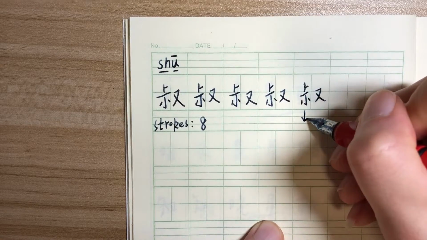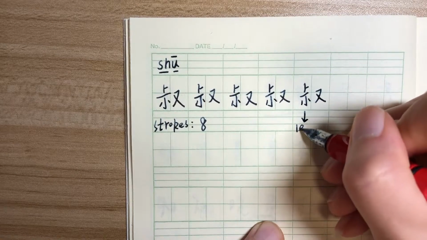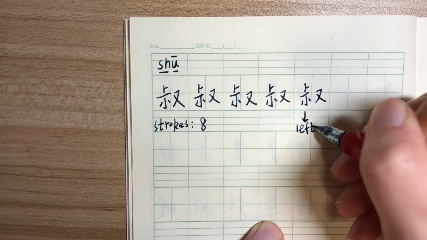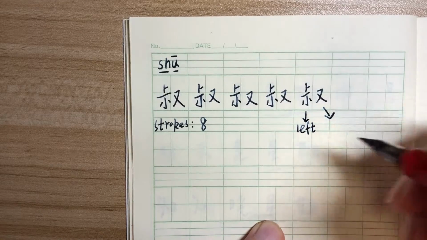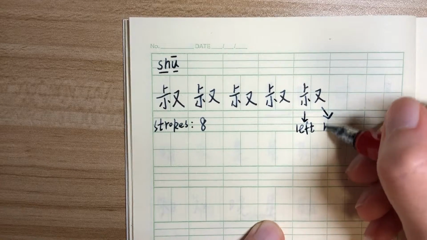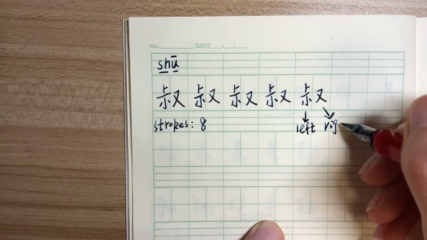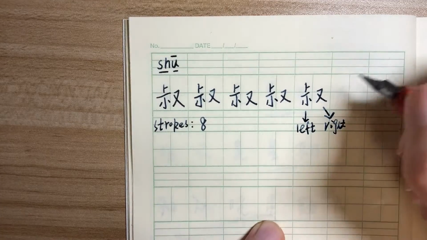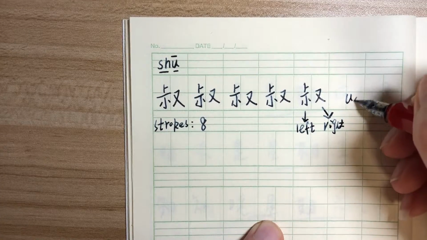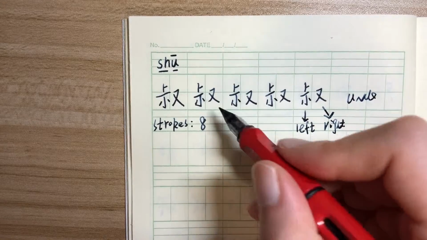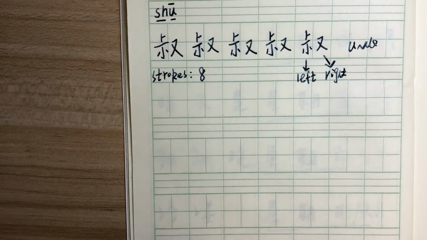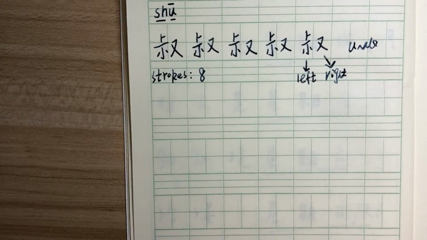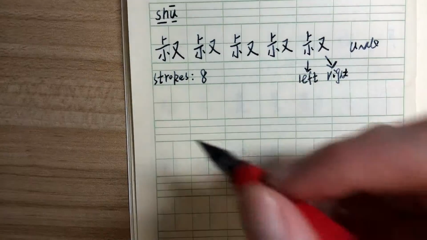And this part is this character's left part, and this part is this character's right part, and it means uncle. Alright, next character, 姑, it means aunt.